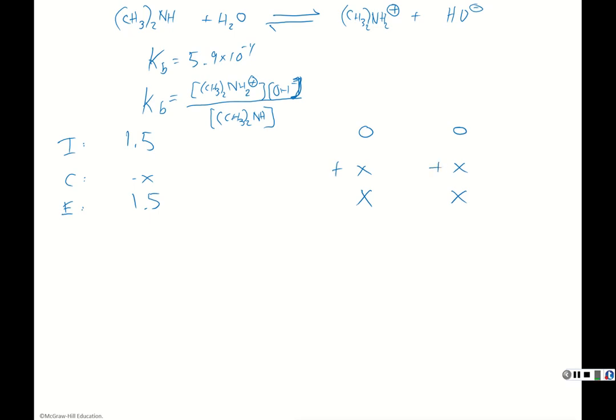So now we can plug in for Kb. It's just like Ka: we're going to get x squared over our starting concentration, but now it's the starting concentration of our base, so that's 1.5, and that equals 5.9 times 10 to the minus 4. So we can solve for that, and when we do, x is going to be 0.0297 molar.